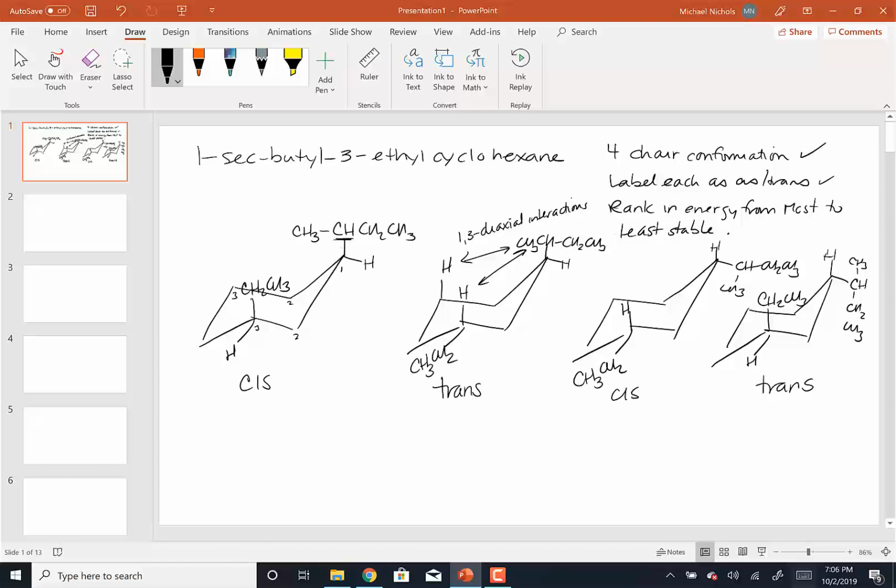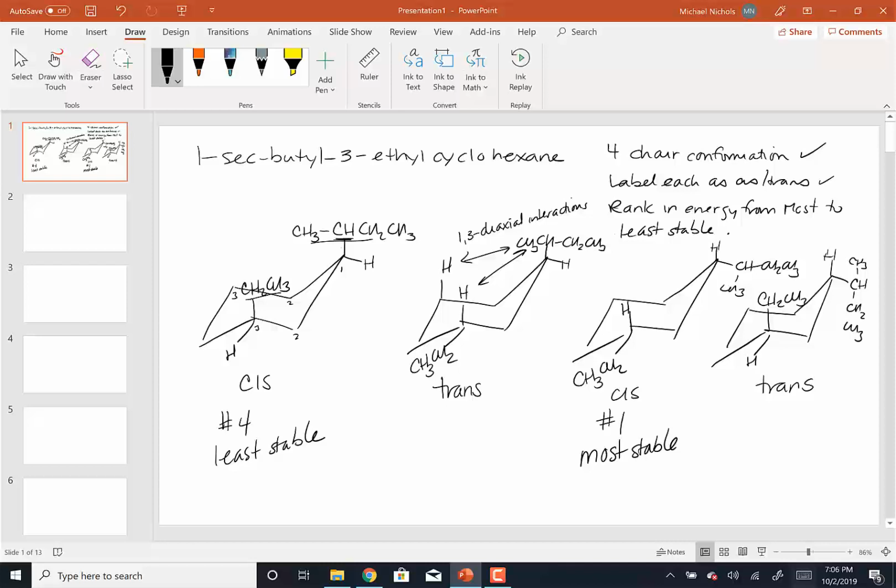And so let's go through this and then we'll deal with number 2 and 3. So the most stable conformation would be the one where both groups are equatorial. That's this one. That's the most stable. And then the least stable is going to be where they're both axial, which is this one. So this one's number 4. That's the least stable. Okay. Now for the other two, we've got a sec-butyl and we have an ethyl. Which one is larger?